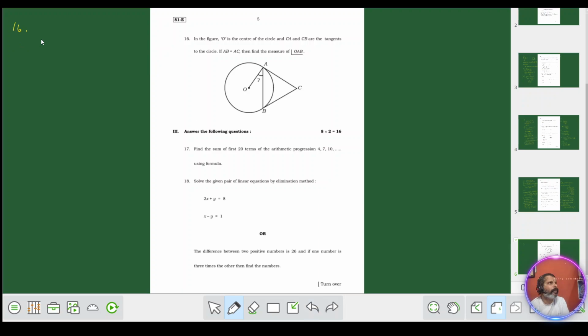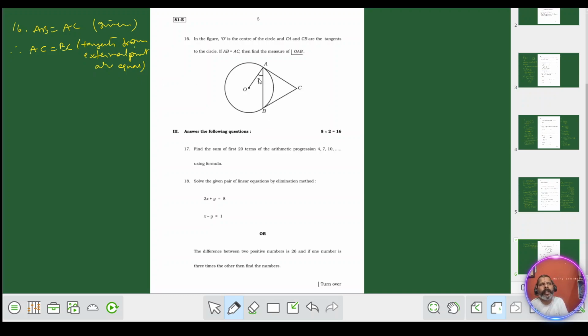So write AB equal to AC, given. But C is the external point and AC and BC are the tangents, right? Therefore, we know AC equal to BC, say tangents from an external point are equal.